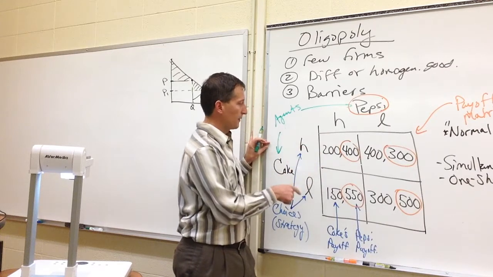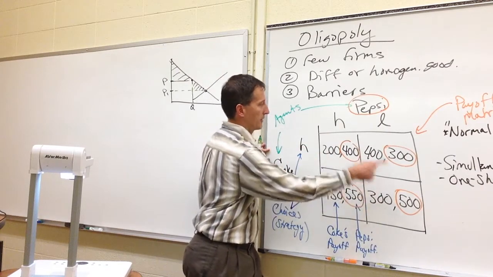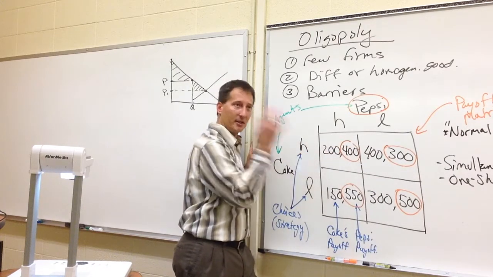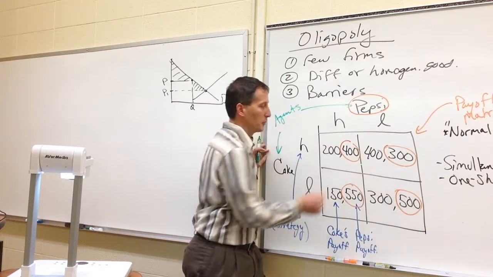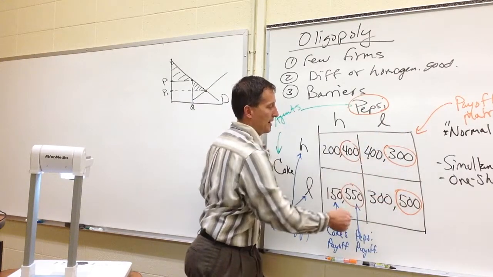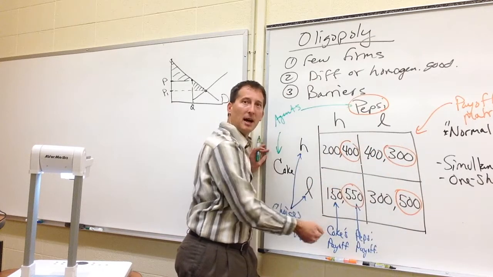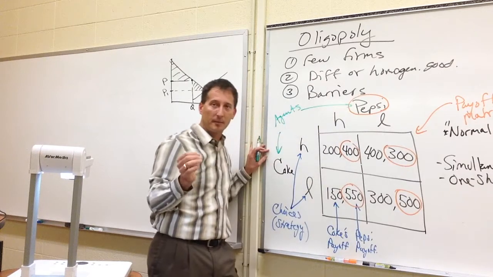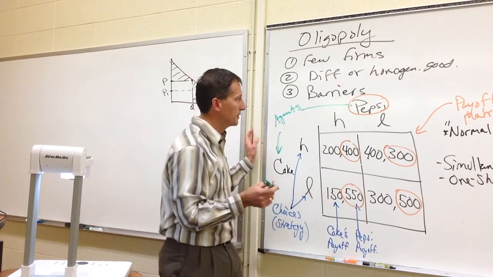But if you're Coke, 200 is greater than 150, 400 is greater than 300, boom, high's the one, right? So as you train your eyeballs, you can start to see this right away. You won't even have to work too hard at it. Same thing with Pepsi. If you focus on the second payoffs, then 400 is greater than 300, 550 is greater than 500, boom, high. High, boom, there's the answer. But it takes a while to get yourself trained to do that.